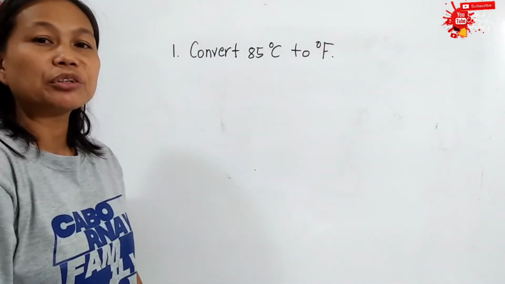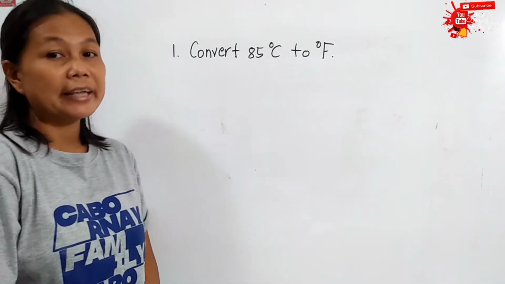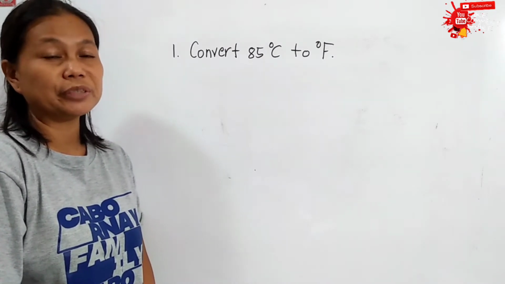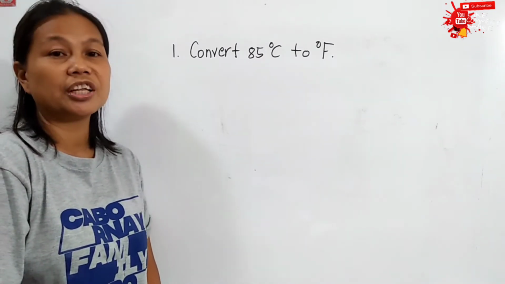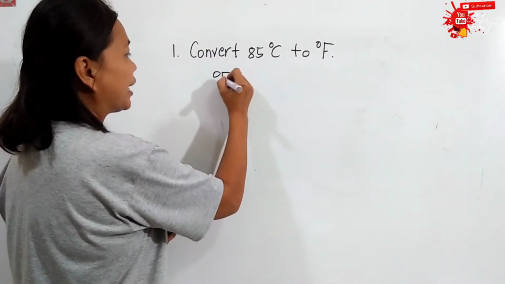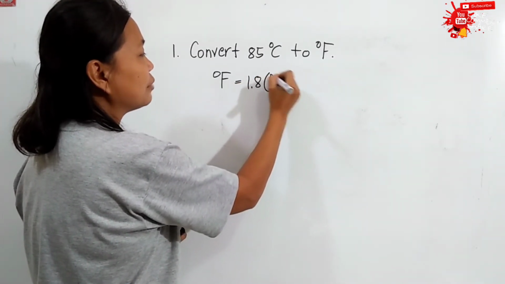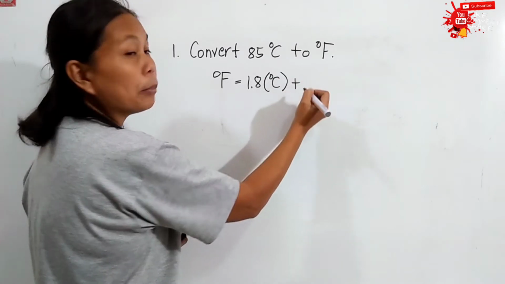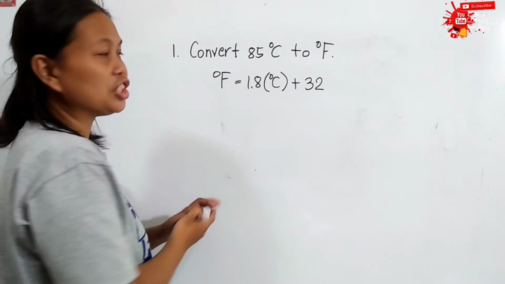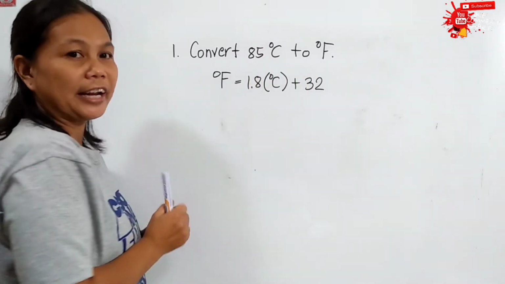If we are going to convert 85 degrees Celsius to degree Fahrenheit, what will be the formula that we are going to use for this particular conversion? We will use the formula degree Fahrenheit is equal to 1.8 times degree Celsius plus 32, since we are changing degree Celsius to degree Fahrenheit.